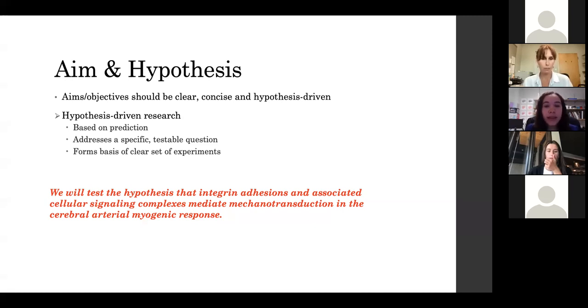Both aim and hypothesis must be focused to reflect exactly what you are doing in your research. So you have to be careful not to be too vague while you are writing these statements. Another important thing about aims and objectives is that they should be clear, as I said, and concise, and they must be hypothesis driven.